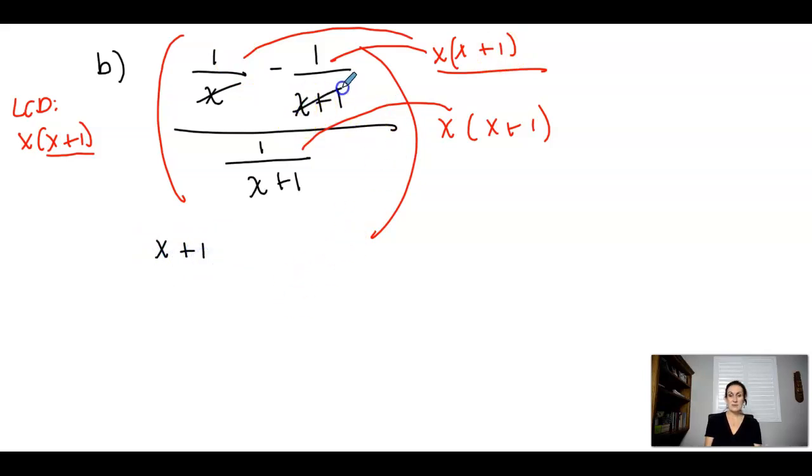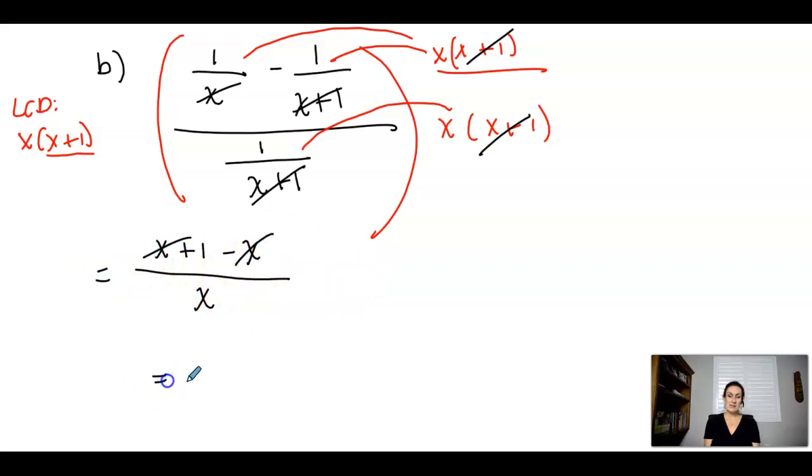The X plus 1 will cancel with the X plus 1, leaving me negative 1 times X, which is negative X. In the denominator, the X plus 1 will cross cancel with the X plus 1 up top, leaving me 1 times X, which gives me just X in the bottom. The X and the negative X will cancel, and my final answer is 1 over X.